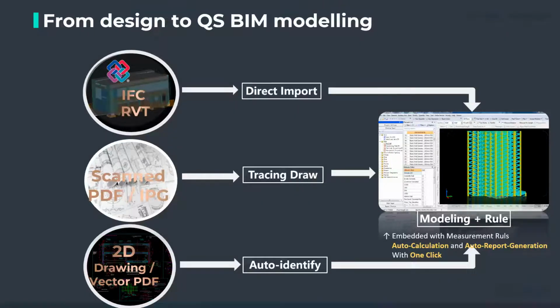And later on, you can prepare the cost report. If you have 2D drawings, AutoCAD drawings like DWG drawings or vector PDF, you can use the auto identification function and create the 3D model and quantify your building very efficiently.